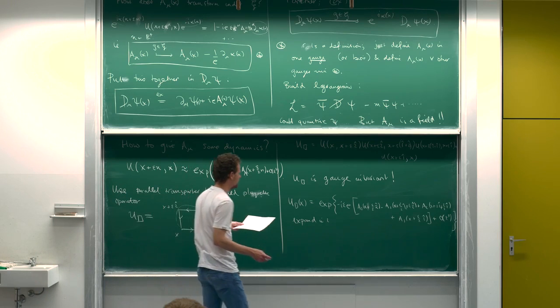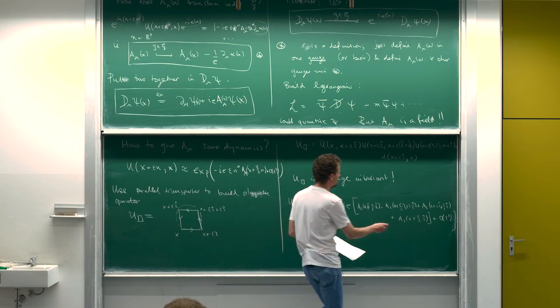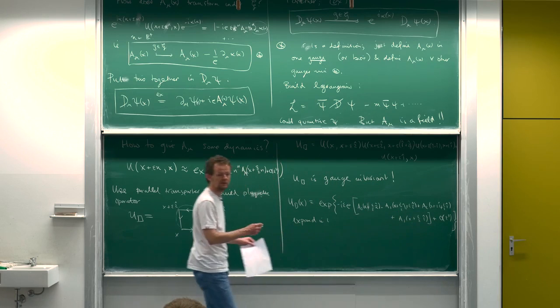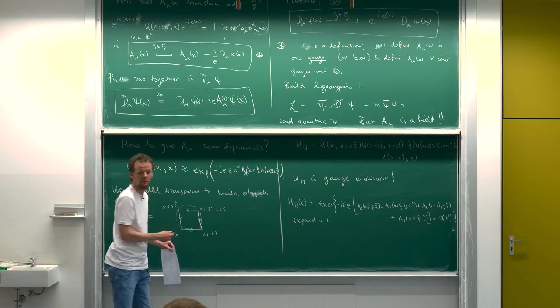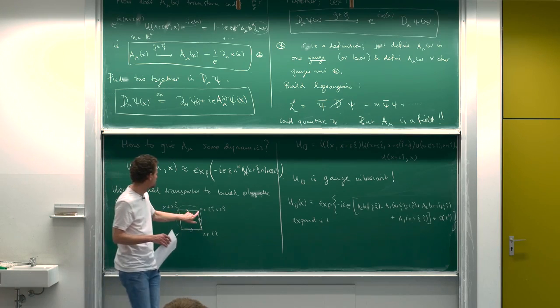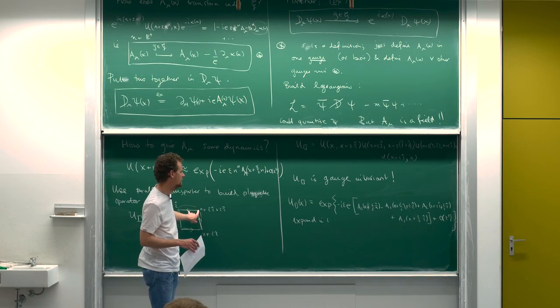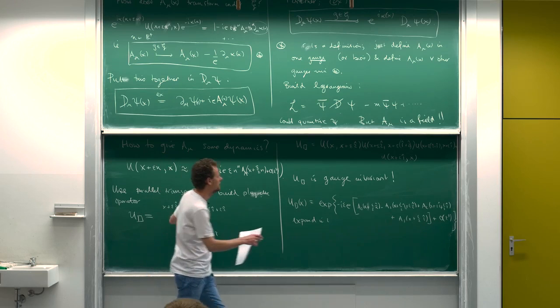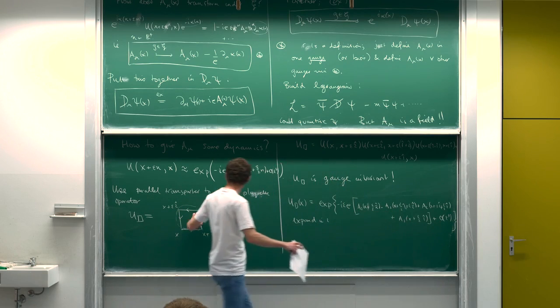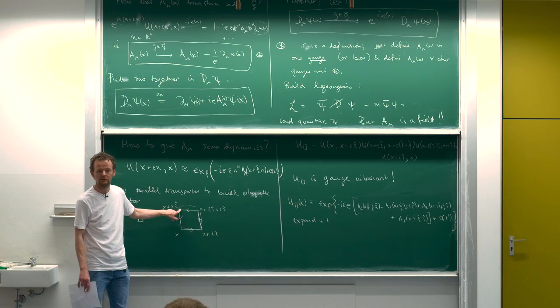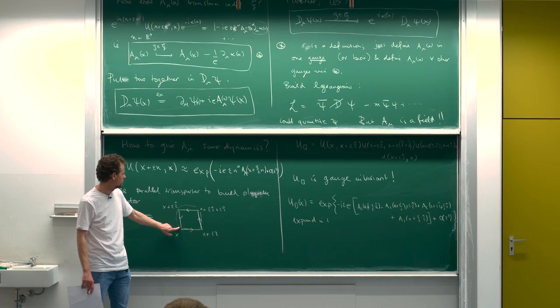One has to be very careful at this moment. So these two here are just the standard parallel transports across here and here. And then this next A1 term here corresponds to this parallel transport there. So that's why there's a minus in front of it. And this A2 is the parallel transporter going from here to here.